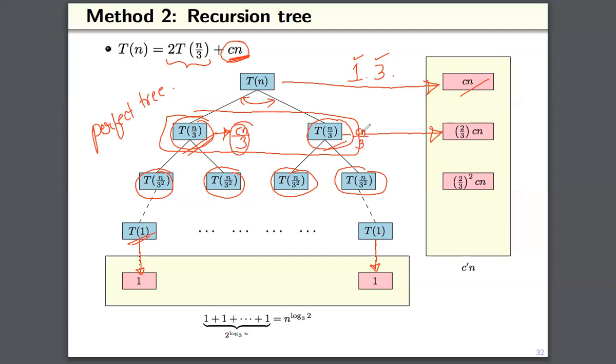When you add both of these, you get 2 by 3 Cn. Similarly, for each, the extra component is Cn divided by 3 squared. But because there are 4 such subproblems, you have 4 by 3 squared Cn. That is 2 by 3 whole squared Cn.